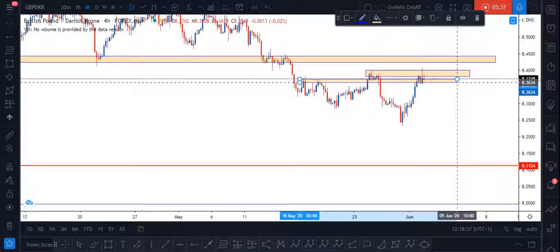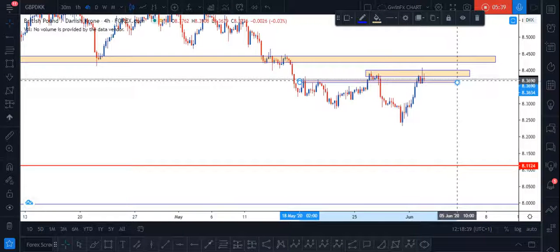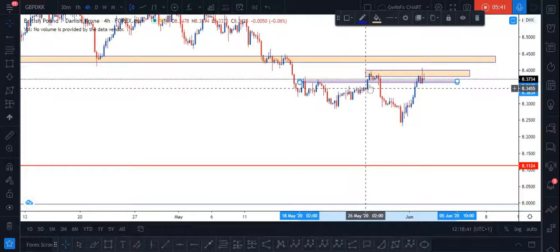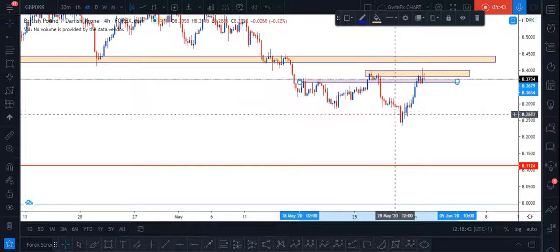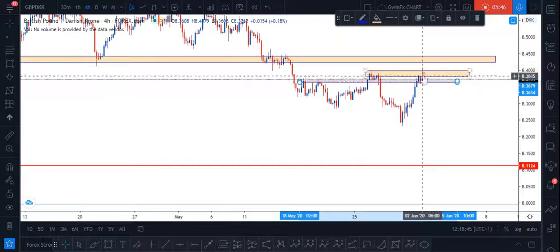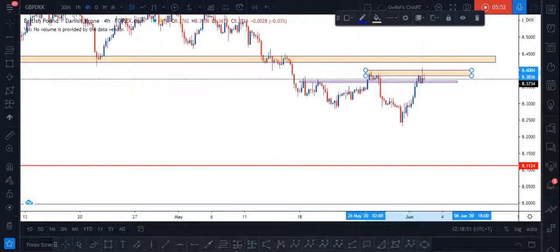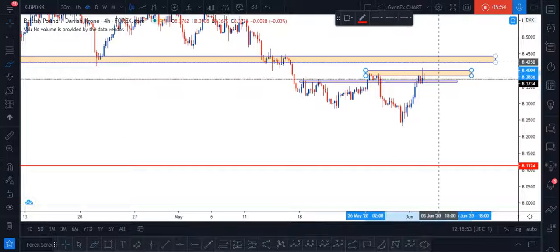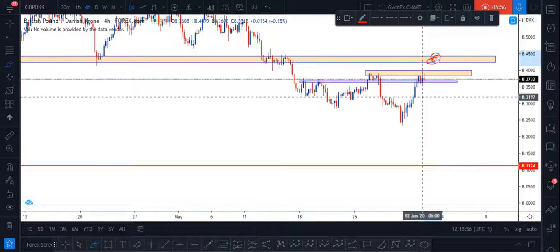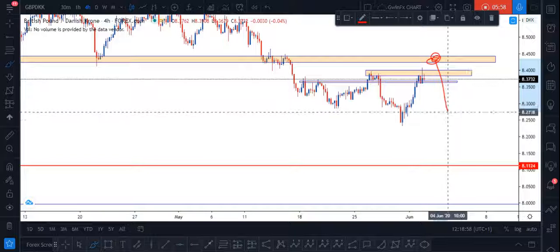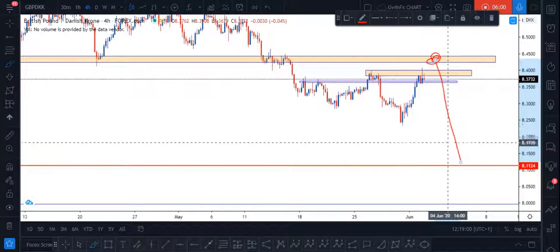But price did not just test, rather it broke above, moved back, and came back to even break above it. So I am expecting price could be back testing this area before we look for reactions to make a sell back to the downside.